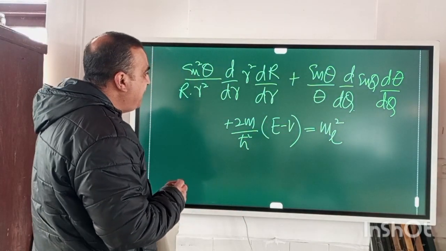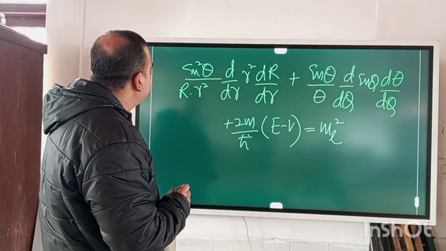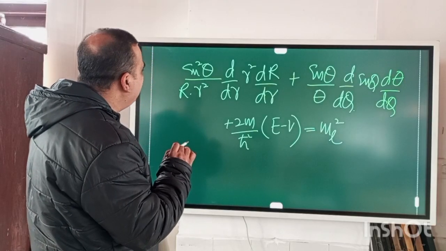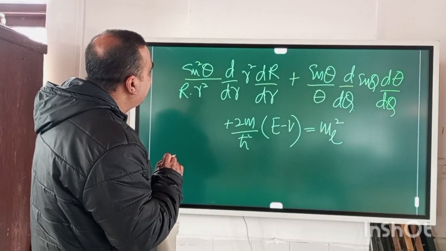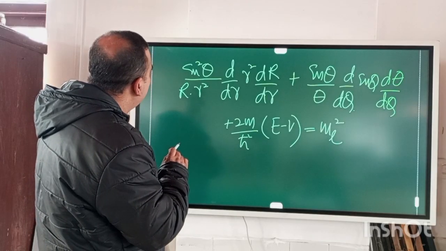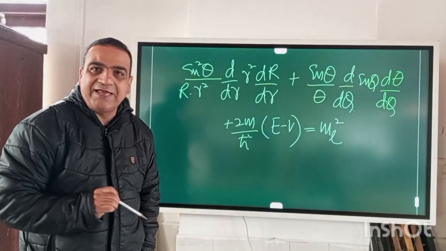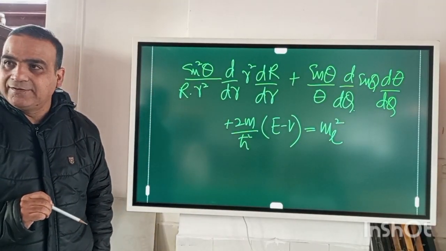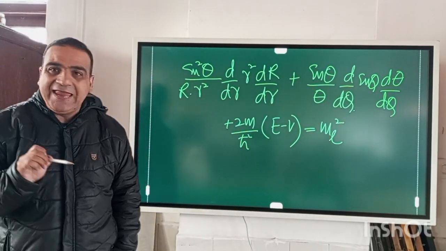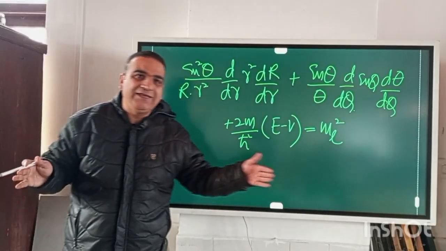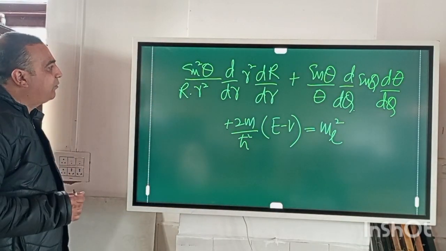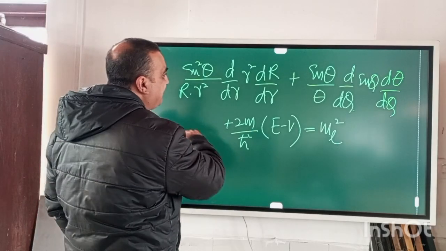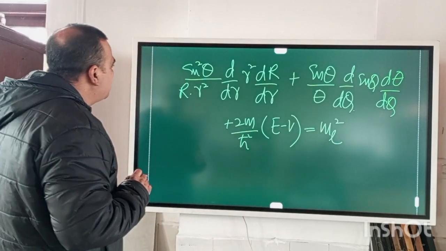So what I feel is feasible here is that let me simplify this equation more. If I divide both sides by sine square theta, can I do that? I can do that because my aim is now to separate theta from r. Phi is already separated from the equation. So for that I will be dividing this equation by sine square theta.